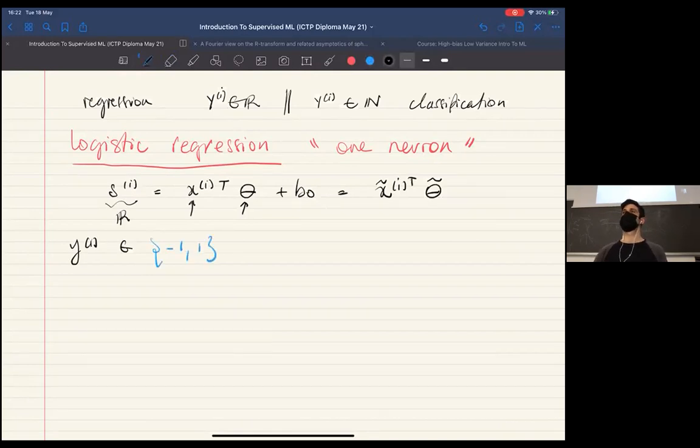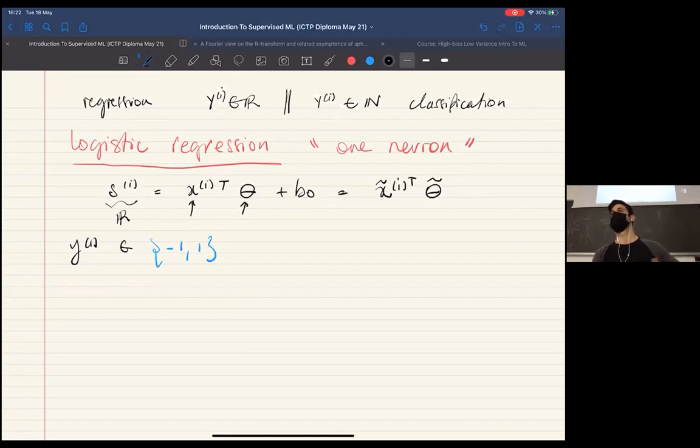Let's say the category -1 could represent the set of images on which you find a dog, while +1, there would be no dog. And maybe you want to design an algorithm able to automatically classify this type of images.